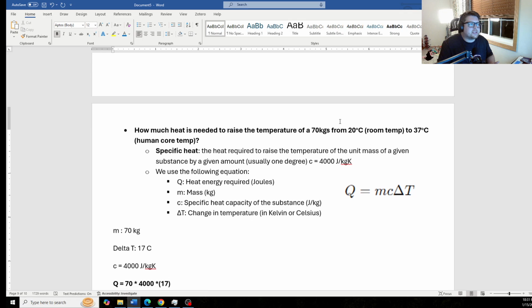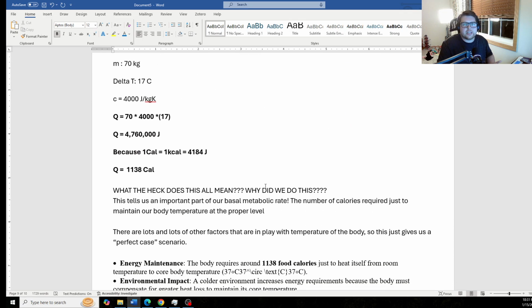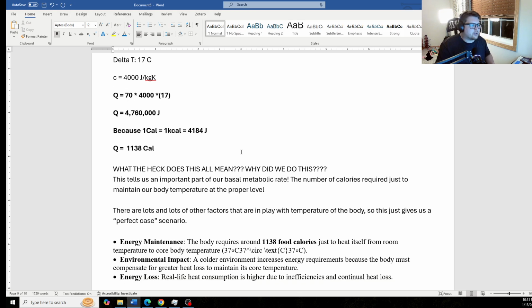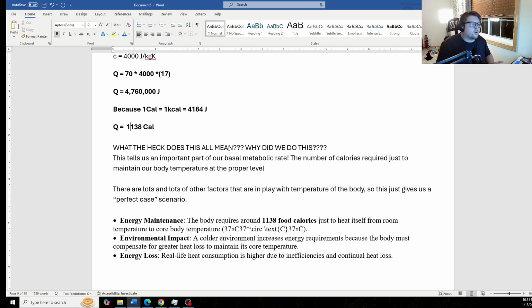So that's saying for this individual, if they're sitting in room temperature, in order to maintain themselves at their proper body temperature, they need to burn 1,138 calories, food calories, in order to make sure that they maintain that specific temperature. Well, it's kind of what it's saying. That's the way that I would interpret it.